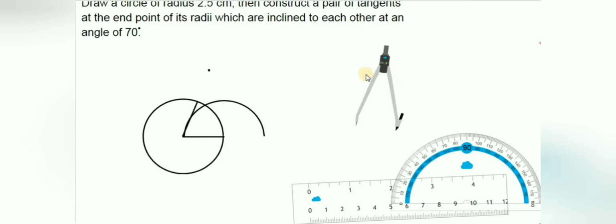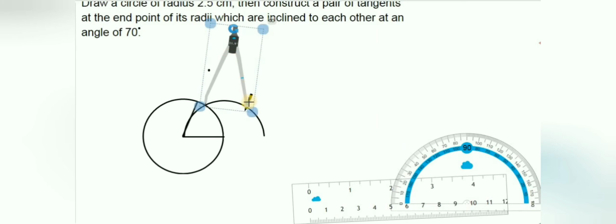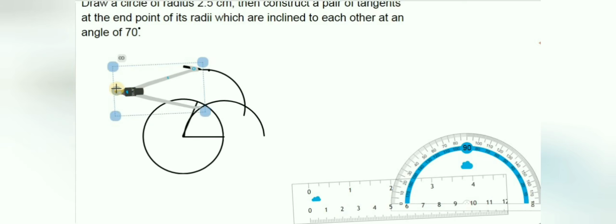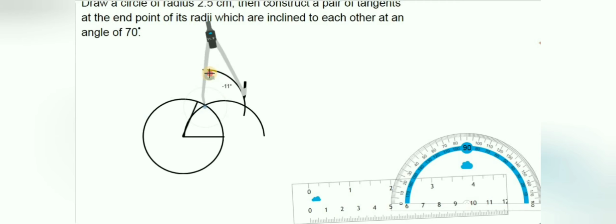After drawing, see, the semicircle and the first circle meet at this point. Taking this as center, draw one more arc like this, cutting the first one.